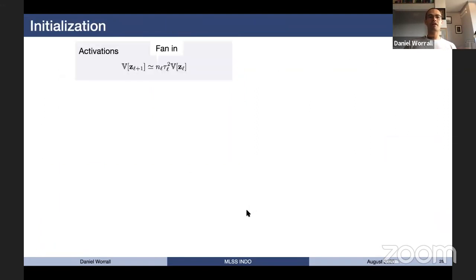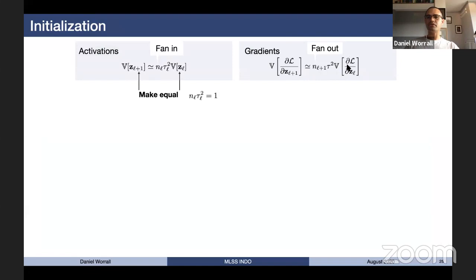So Xavier Glorot looked at something called initialization. And essentially, if you look at our activations, variance at layer L plus 1 in terms of layer L can be written using this form that we showed earlier. And this number n_L is called the fan in. You can do the same analysis, but on the gradients, and you get this sort of law.